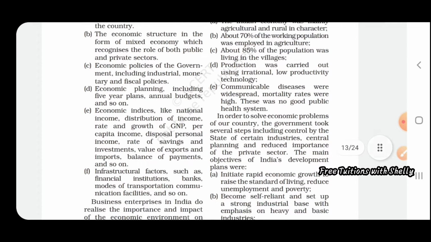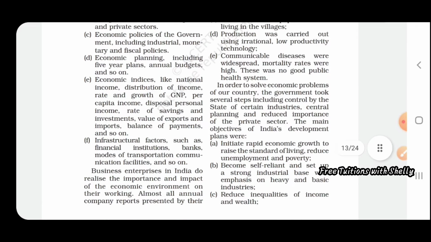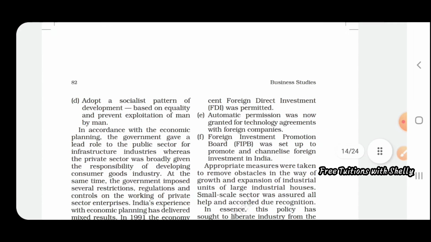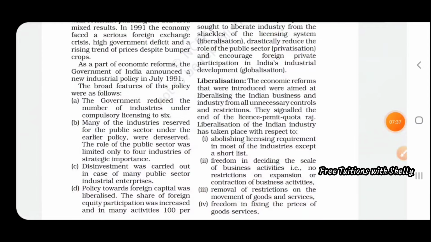So India's development plans were economic growth, self-reliant economy, reducing inequalities in wealth, and adopting a socialist pattern where government and the public or private sectors work with equality. As a part of reforms, the government of India announced a new industrial policy in July 1991.